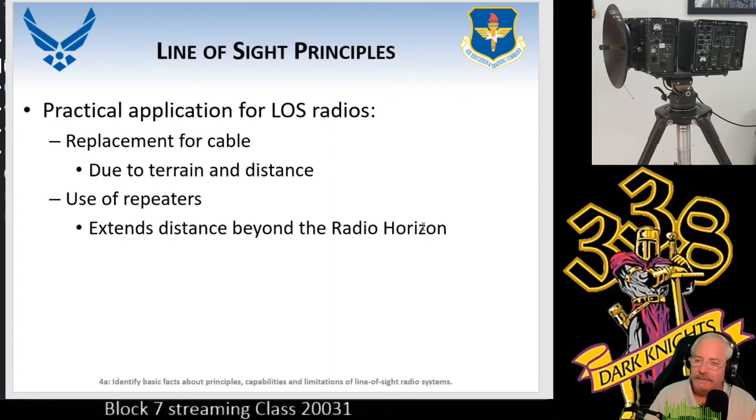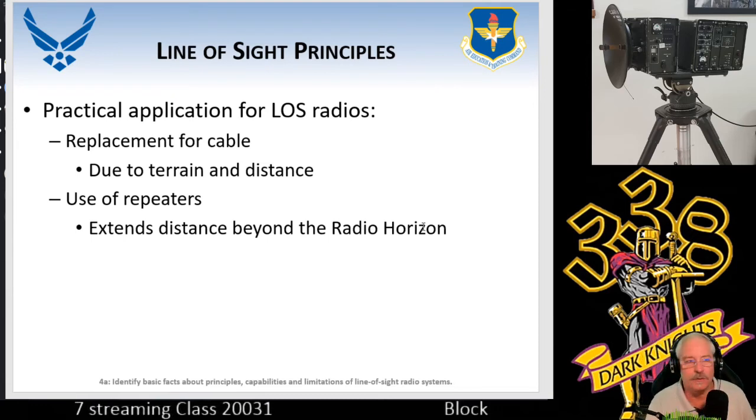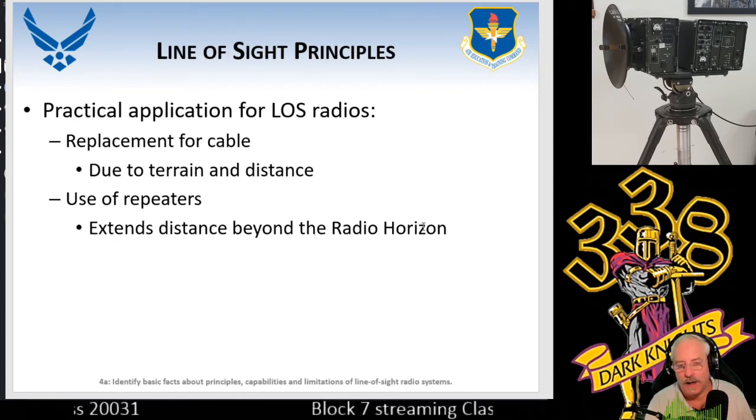Why do we have line of sight radios nowadays? And we're talking more along the lines of our unidirectional equipment. We're not talking about the omnidirectional or bidirectional or long haul capabilities, but we're looking at, okay, how do I get from point A to point B on the base by using, let's just say, the TISR.